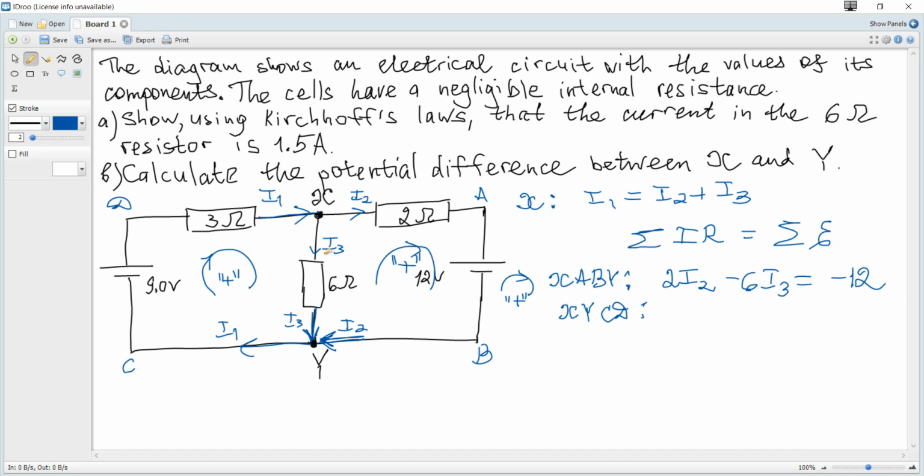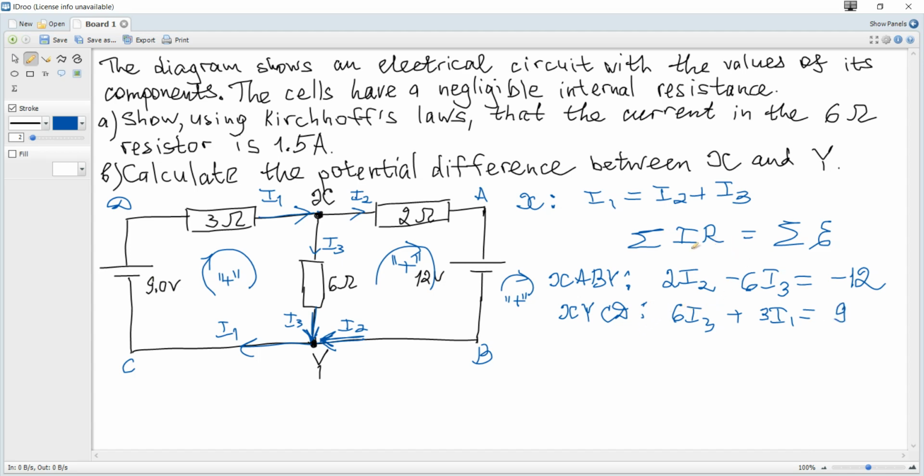Current I3 is in clockwise direction, so it's positive, and we write 6I3. The next component is the 3 ohm resistor, its current is I1, also in positive direction, so plus 3I1 is equal to, plus is here, minus is here, so current provided by this cell is in clockwise direction, so it's positive, plus 9.